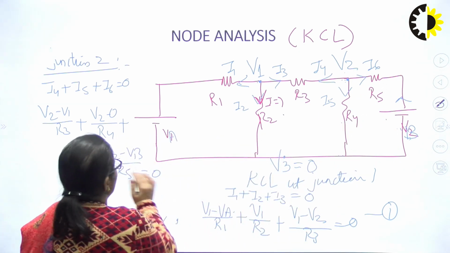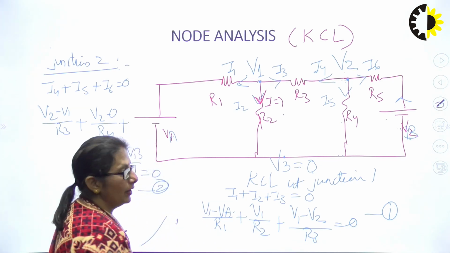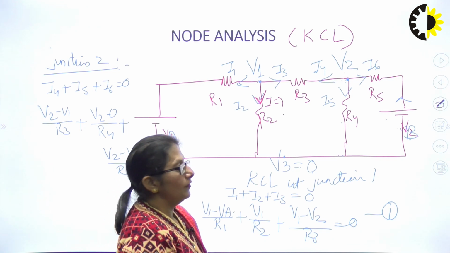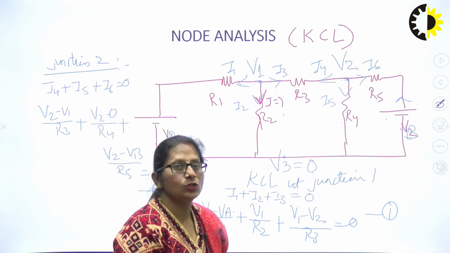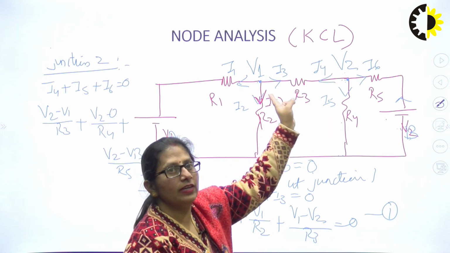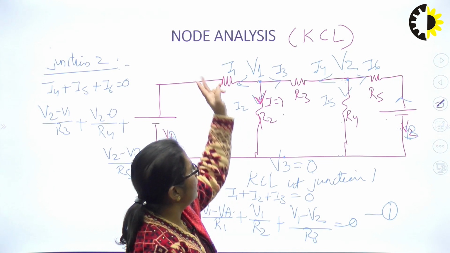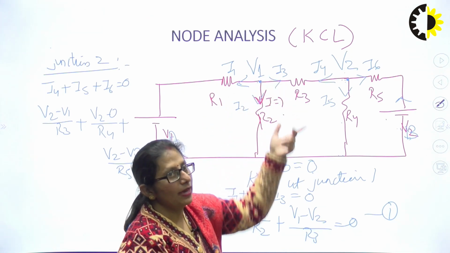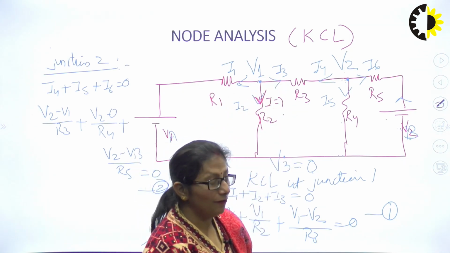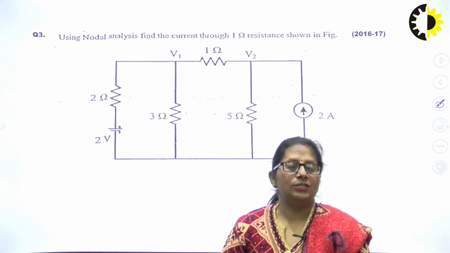So resolving it in V1 and V2, I'll have equation number 2. Now I have 2 equations and 2 unknowns, and will solve for V1 and V2. Once I have V1 and V2, I may have any current: I1, I2, I3, voltages across each element, and the power loss across each element.